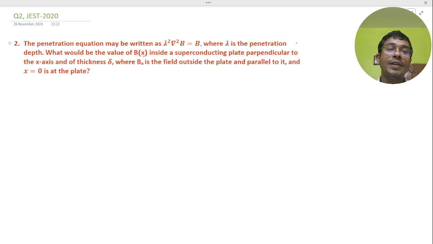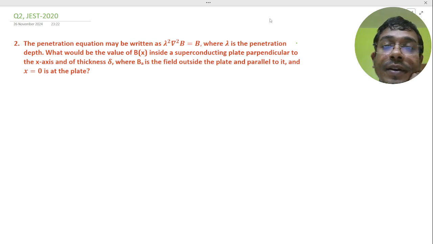What would be the value of Bx inside a superconducting plate perpendicular to the x-axis and of thickness delta, where Ba is the field outside the plate and parallel to it, and x equal to 0 is the center of the plate?